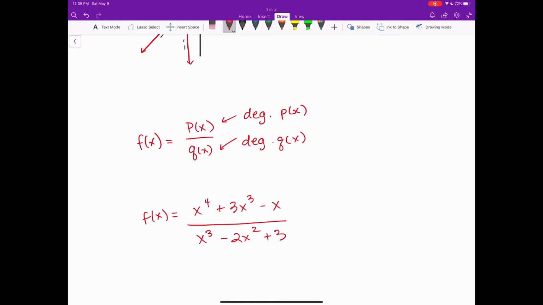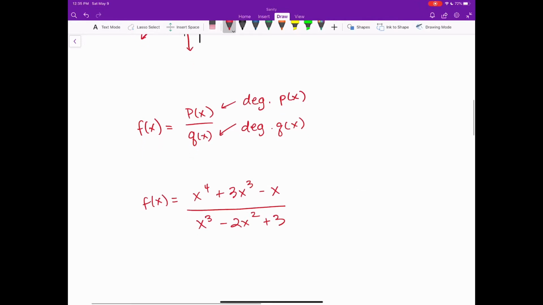All right, that would be the denominator, our bottom function, like q of x, right? So this is a rational function. And when I say degree, we're looking at the highest exponent. So in both of these, my highest exponent on the numerator is 4, all right? And the degree of the denominator, the highest exponent there, is 3.